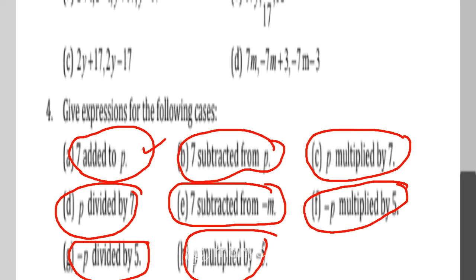Okay. So let's see how we solve it. So in A part, the arithmetic operation is addition. So you can write it p plus 7. In B part, this is given that 7 subtracted from p.